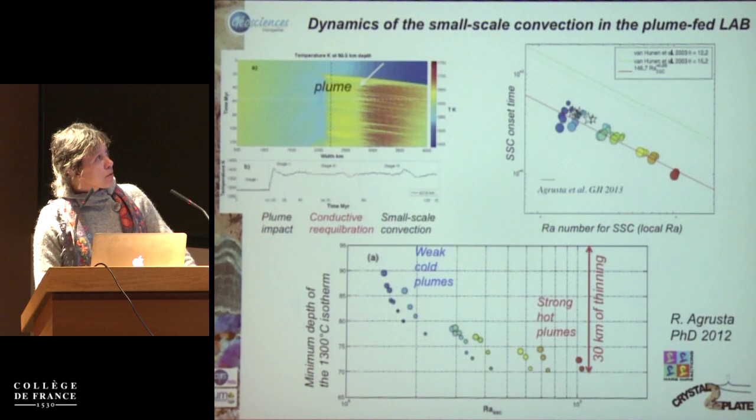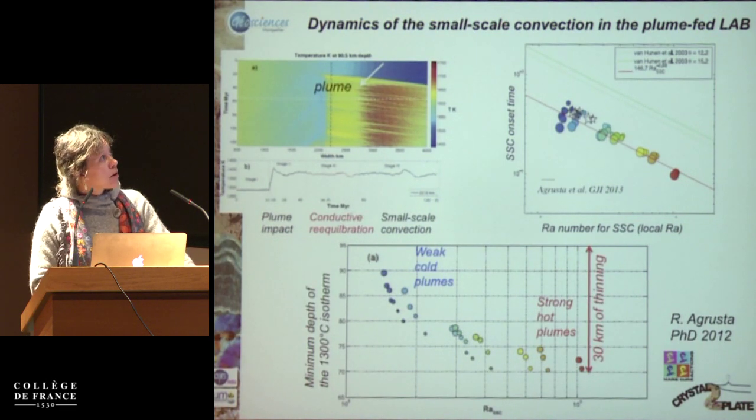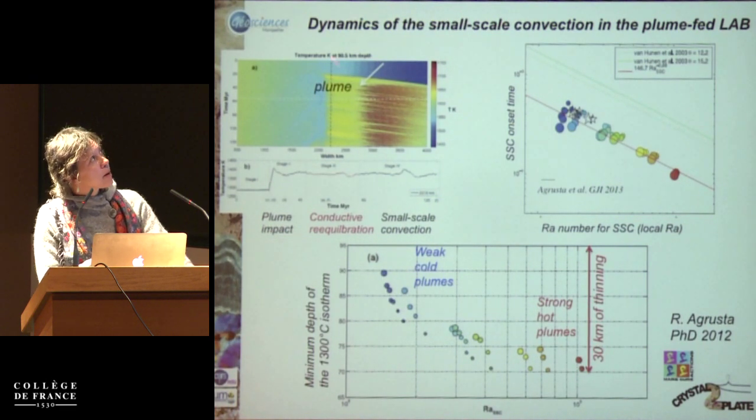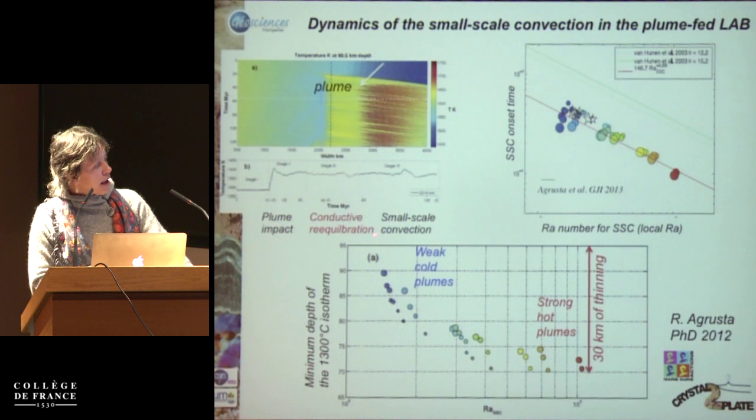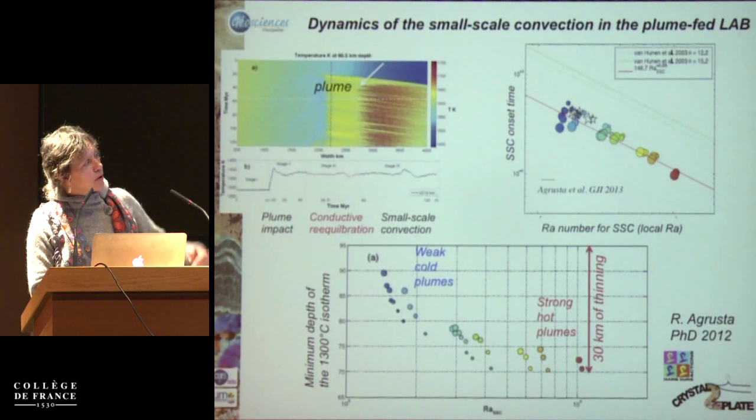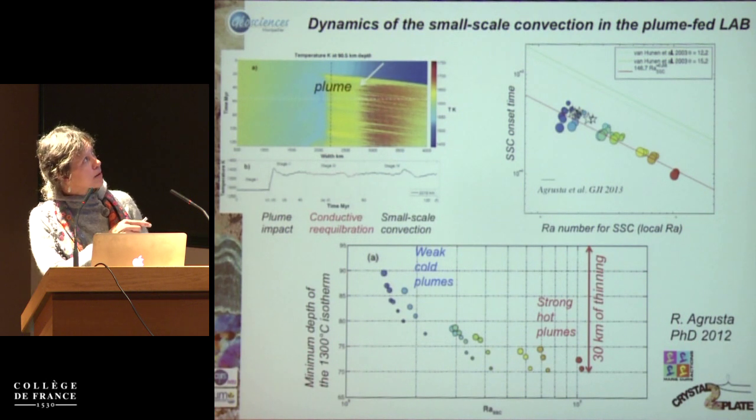We continued looking at this during the PhD of Roberto Agrusta, and he did a much more detailed study on the dynamics of this small-scale convection, trying to get scaling laws. He could scale the minimum depth of the 1300 isotherm, so the uplift of the lithosphere-asthenosphere boundary, as a function of the local Rayleigh number in this layer.